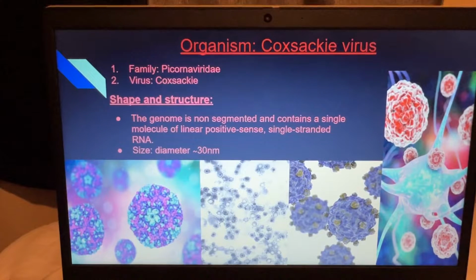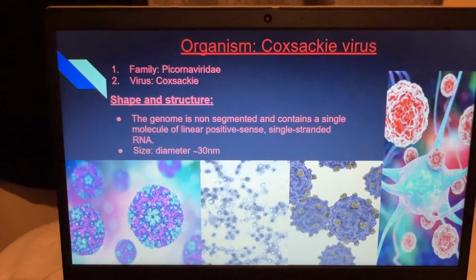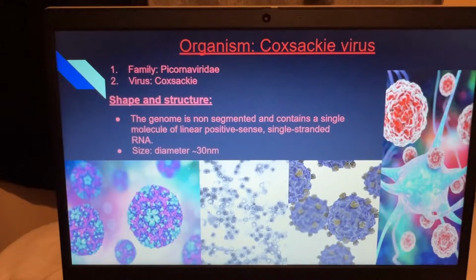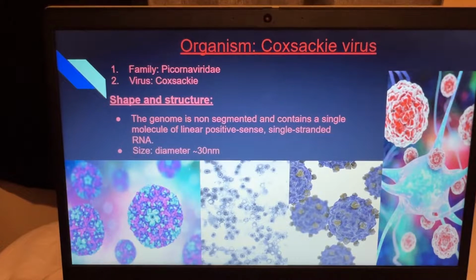So my organism is the Coxsackie virus, and this virus comes from the family Picornaviridae. The shape and structure: the genome is non-segmented and contains a single molecule of linear positive-sense single-stranded RNA.